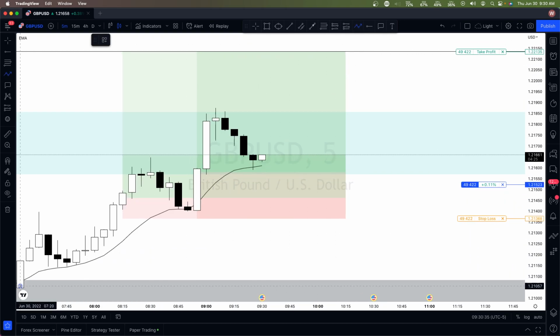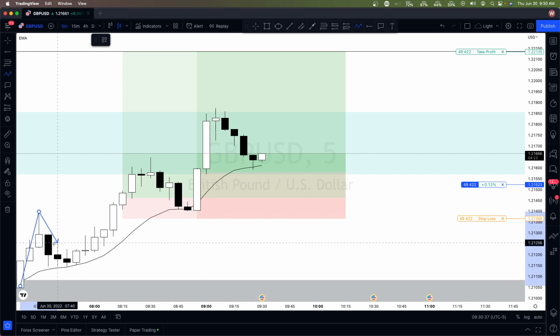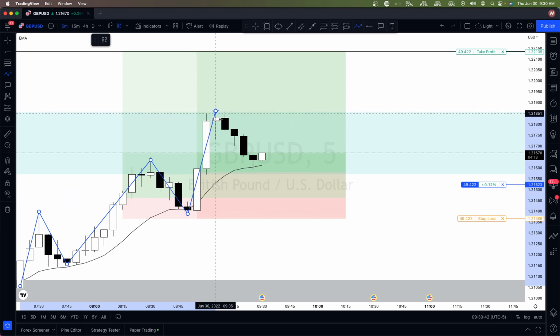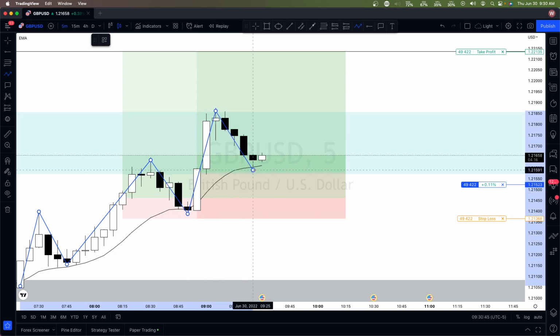So price went from here, here, here, here, here, here. What does this say? Still high bullish movement. Recent bearish movement.